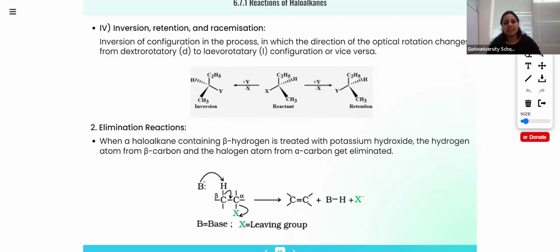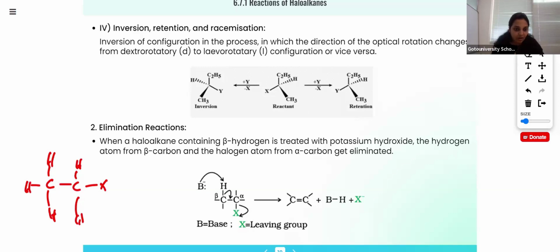Okay. Now the second type of reaction is elimination reaction. Elimination means, from this haloalkane, I'm taking a haloalkane here, CH3, second carbon, hydrogen, halogen, hydrogen. From this compound, halogen is removed from here, hydrogen is removed from here. So the double bond forms here in order to balance, because around carbon there will be 4 bonds, right?